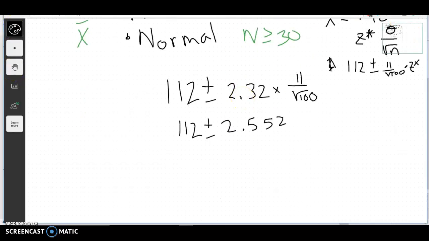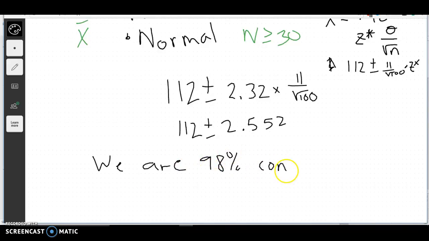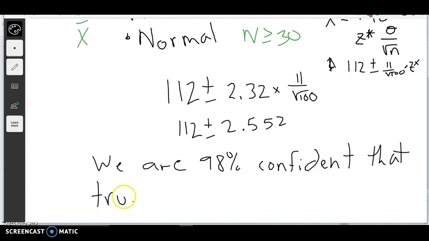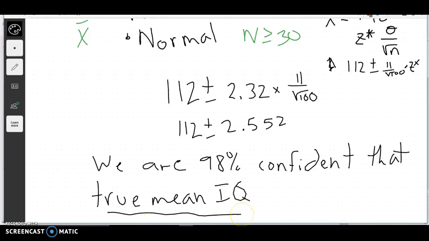Here's what we would say if we want to interpret what this means. We'd say we are 98% confident that the true mean IQ of this school, so this is again context, and we want to make sure that we're saying mean instead of anything else.